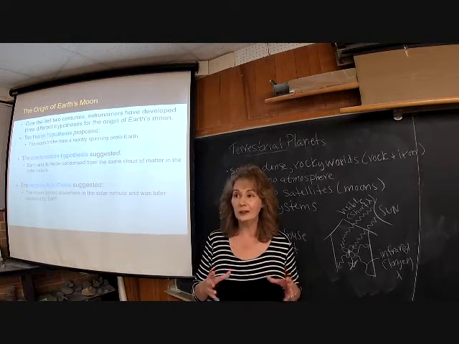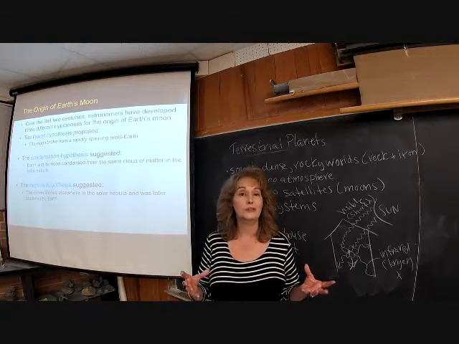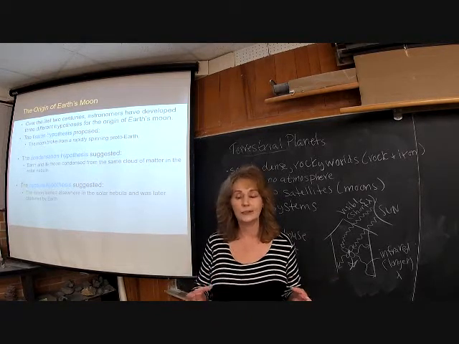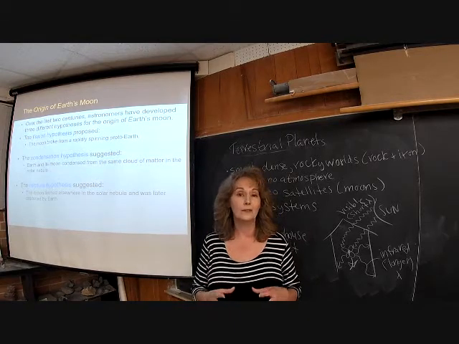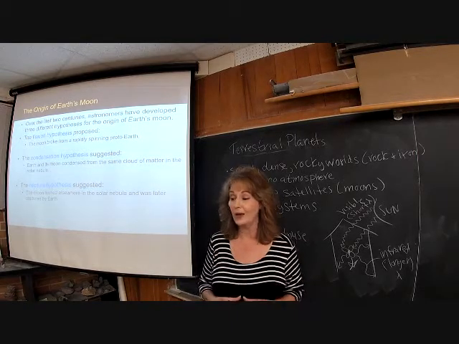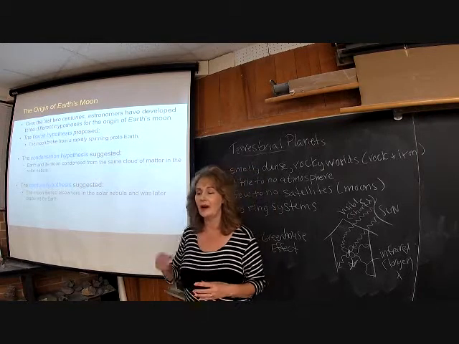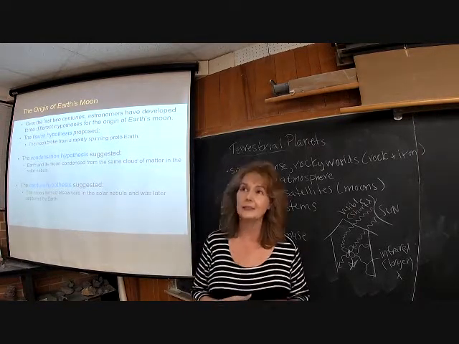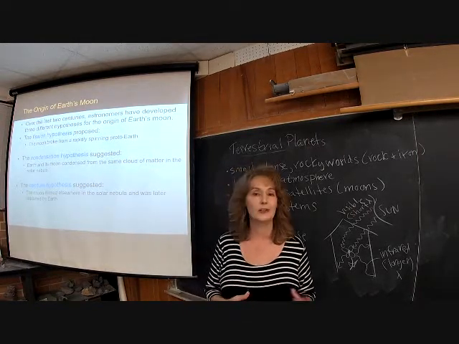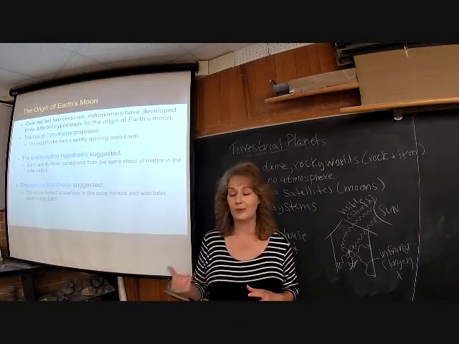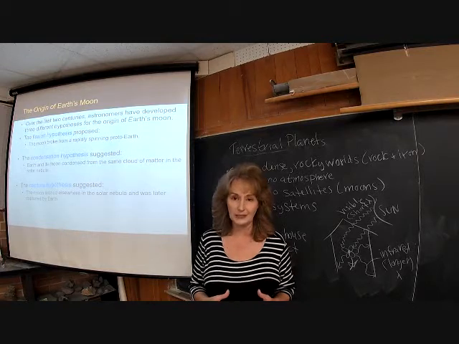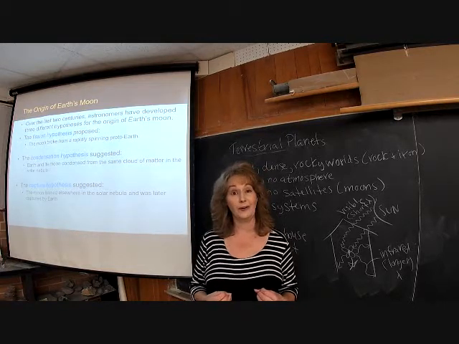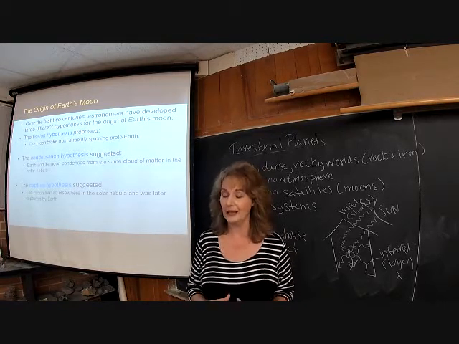Looking at the lunar geology, the lunar rocks, we can piece together the history of that moon, okay? And so now they've got some different hypotheses, and they think they've got the one that matches best with evidence, but these are some of the proposed hypotheses on how the Earth got its moon, okay?